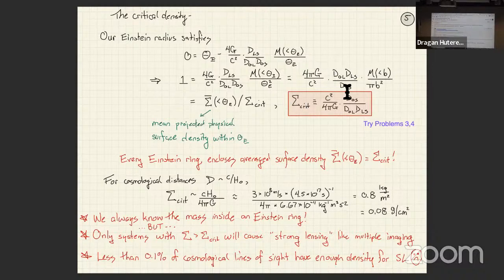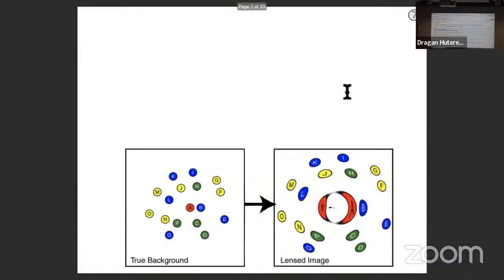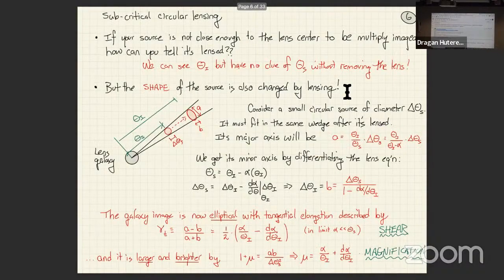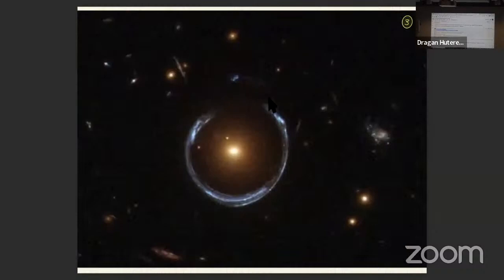Okay, so this is extraordinarily useful, right? Because it's telling you if you see an Einstein ring, it tells you how much mass is inside that ring. So if we go back to this picture, if we can measure the angular radius of this ring, which is pretty easy.